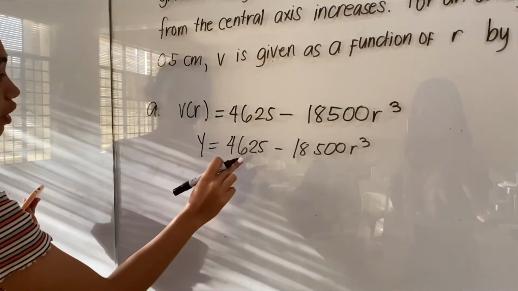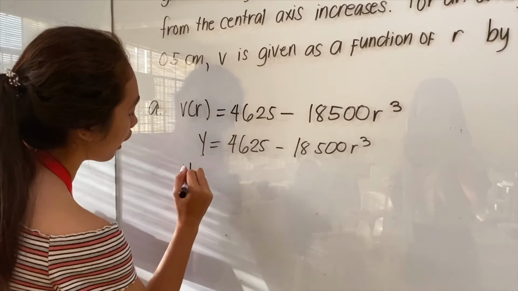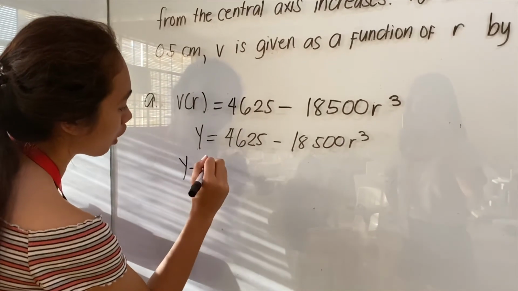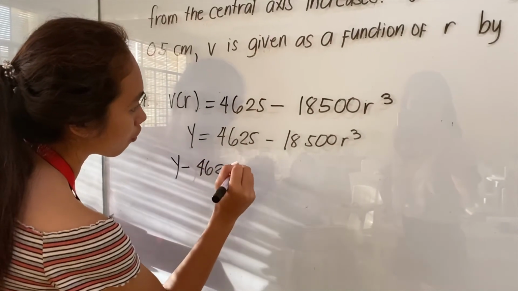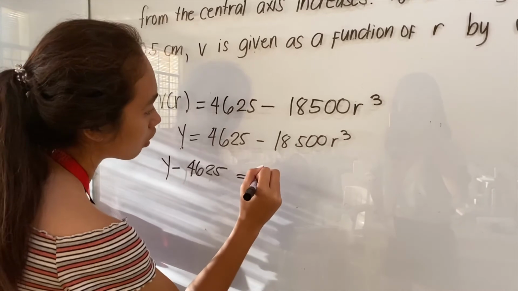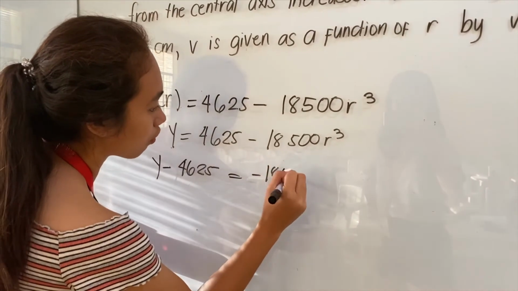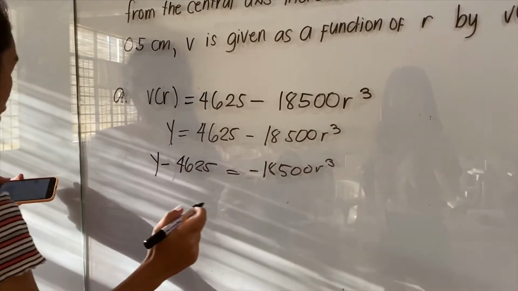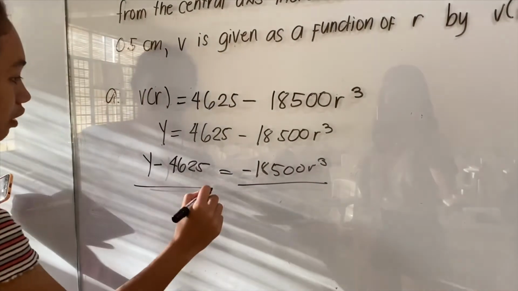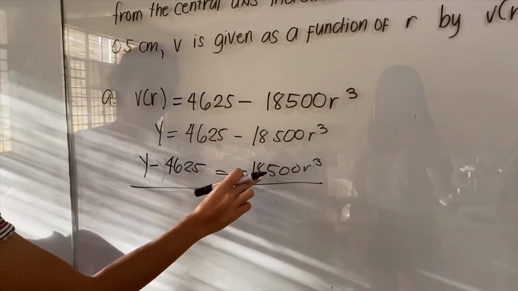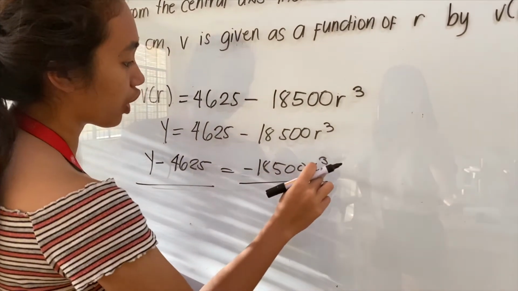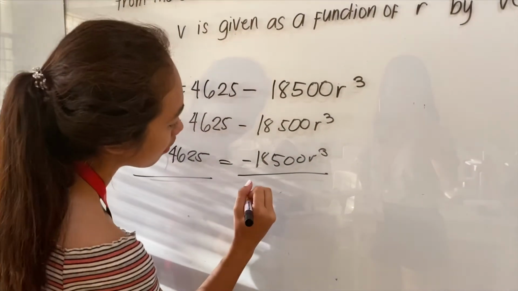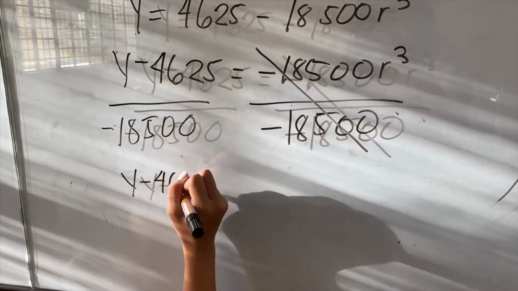Transpose this one. So y minus 4625 is equal to negative 18,500 r cubed. Then divide by negative 18,500 on both sides.